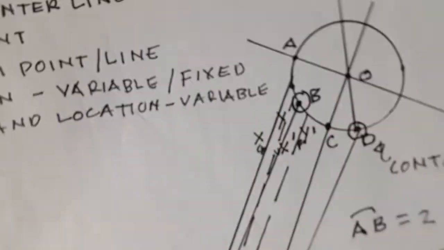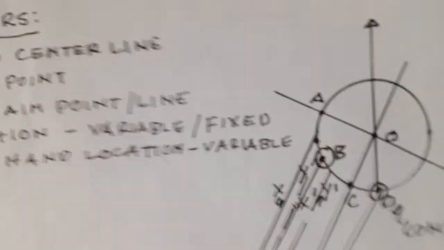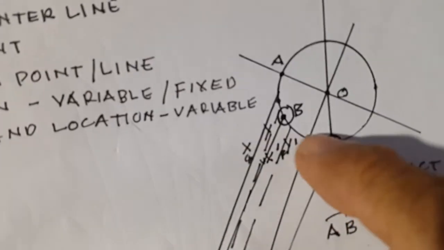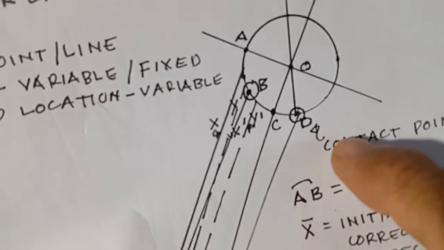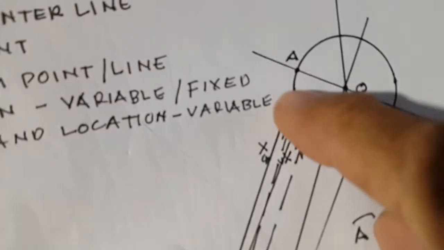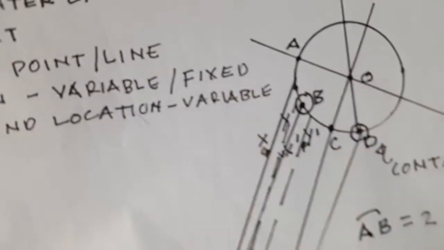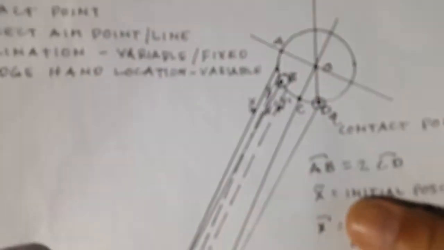So the first move we have to do is to learn how to find the corresponding aim point for every contact point. That's the first move we have to learn.